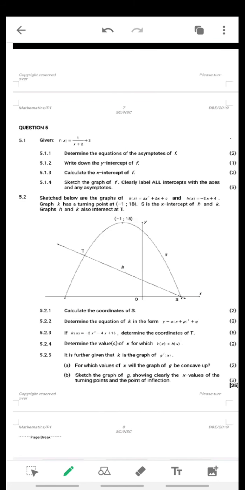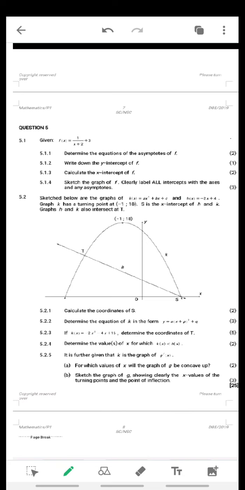Well done. Now 5.1.2, write down the y-intercept of f. Now there's an easy way of remembering what we mean when we talk about the y-intercept. The y-intercept of a function or a graph is where the graph cuts the y-axis.